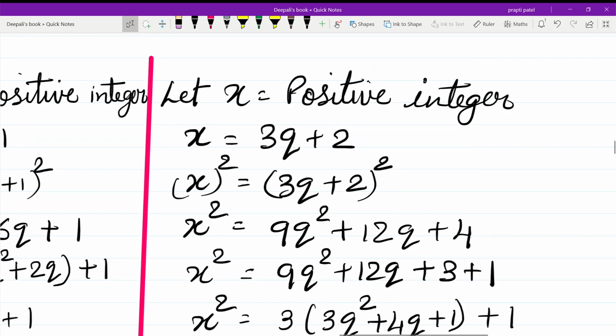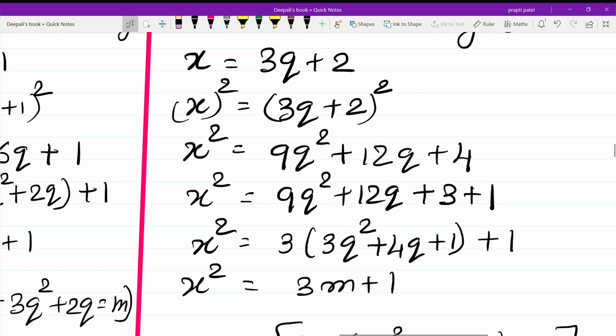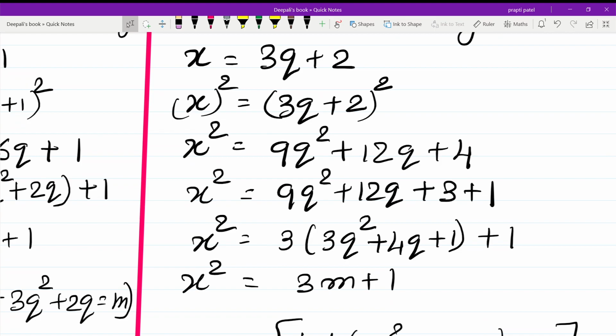Let third case be x is equal to 3q plus 2. x square is equal to 3q plus 2 whole square gives x square is equal to 9q square plus 12q plus 4. I can split this 4 into 3 plus 1. So I get 9q square plus 12q plus 3 plus 1.